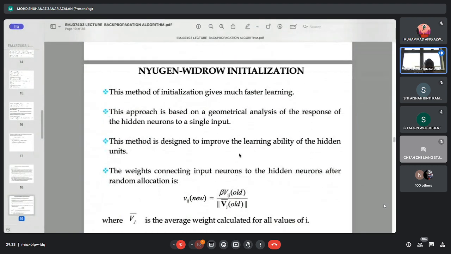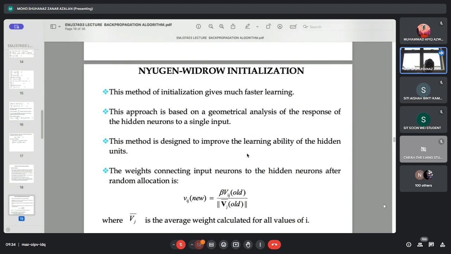Sometimes we also use what we call Nguyen-Widrow initialization. This is one of the methods for initializing our weightage values. There are a lot of initialization methods that have been introduced by researchers, because researchers want to come up with methods that make the initialization process faster.